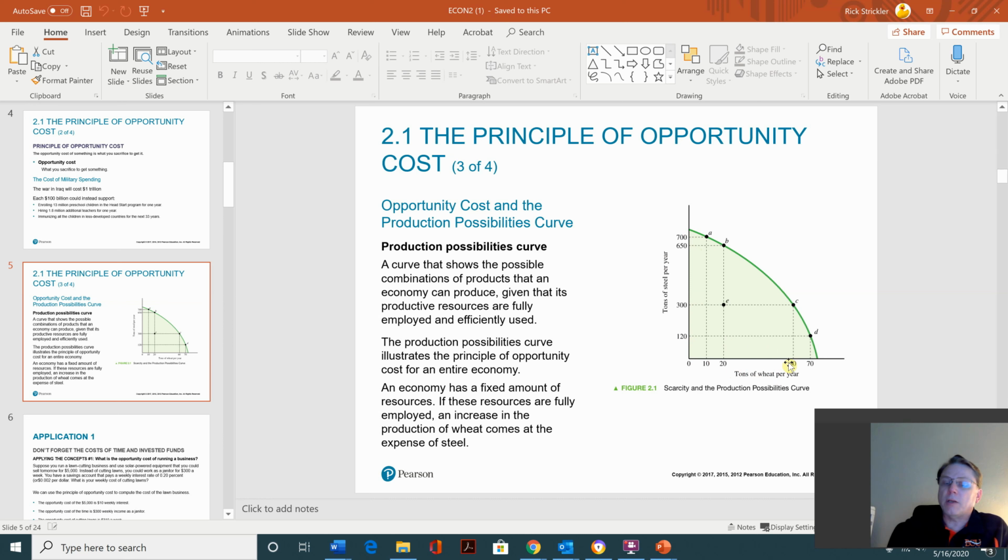If you're here, that means you produce 650 tons of steel and only 20 tons of wheat. If you're over here, you can produce 60 tons of wheat, but then you only get 300 tons of steel. The reason for this is scarcity. We have limited resources, so you can't produce 100% of both.